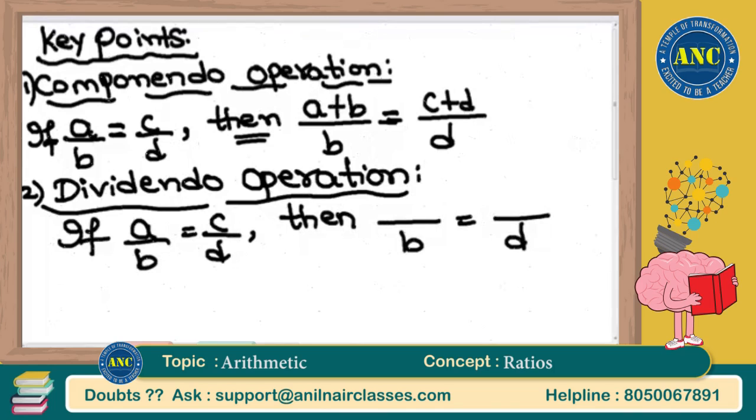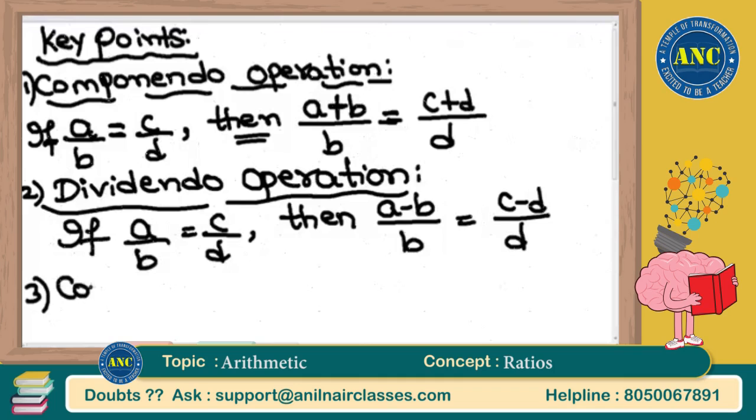In the dividendo operation also, I will keep it the same. But in componendo, I added the numerator to the denominator. In dividendo, I will subtract from the denominator: a minus b and c minus d. Simple, sir. Very, very easy to remember. Let us not make it too complicated to understand things. Let us make it as simple as possible, right? That is the second key point.